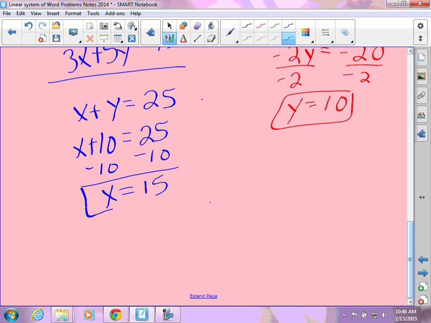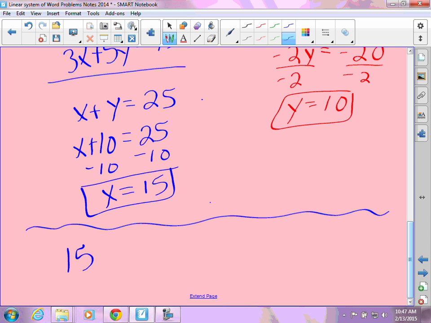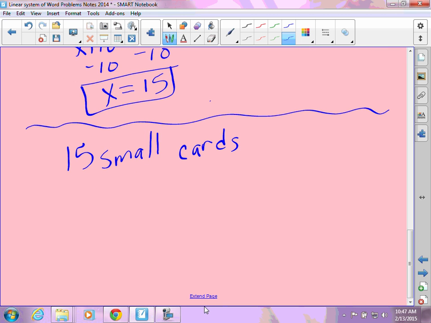It was all ready for elimination. Not graphing, was it? Okay, and then I need to answer the question with the label. Very good. So I've got 15 what? Small cards. And I've got 10 large cards. Done. Not so bad, is it? These problems aren't bad if you set them up and you follow the steps. Okay?